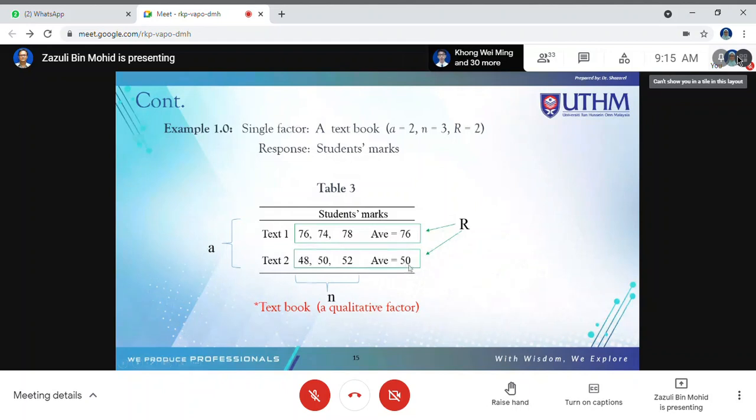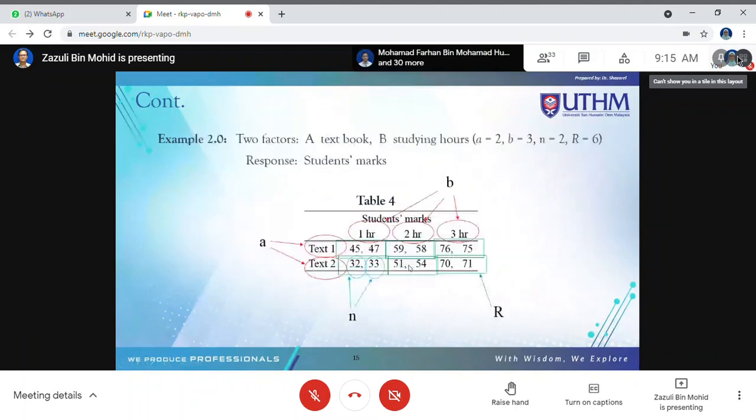Example with two factors. One is the textbooks. The second one is study hour.